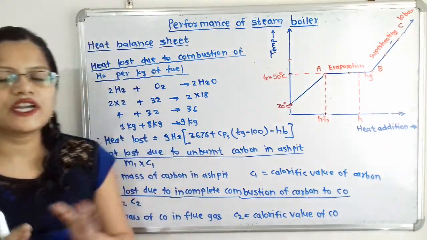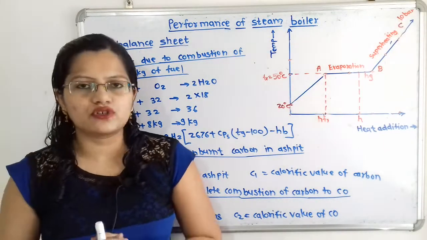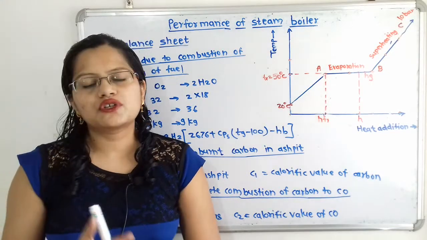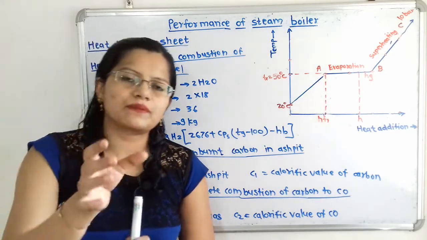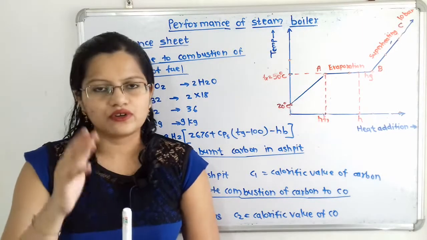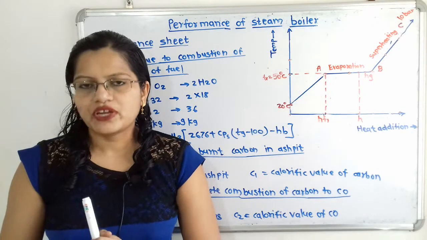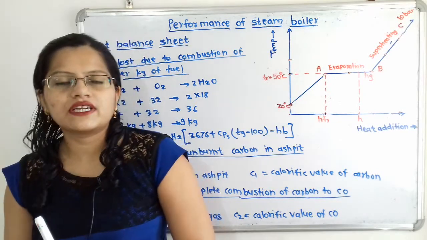Then next is heat loss due to incomplete combustion of carbon. That means instead of generation of carbon dioxide, carbon monoxide is getting generated due to insufficient oxygen for the combustion. Now how to find out the heat lost?